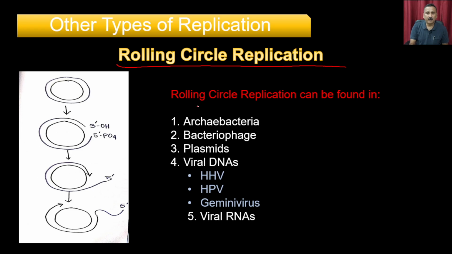The rolling circle model is found in archaebacteria, bacteriophages, plasmids and viral DNA such as HHV, HPV, Gemini virus, and viral RNAs. In this model you have a double stranded circular DNA, and a nick is formed on the DNA.